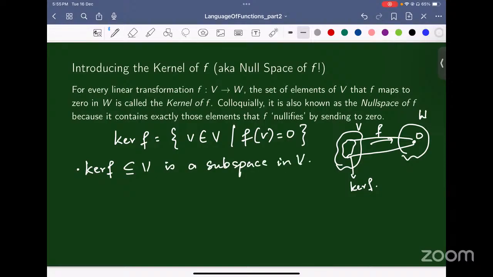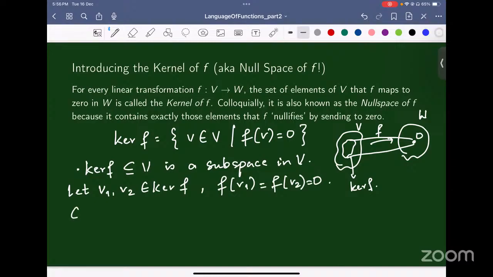This is easy to show. If I have V1, V2 in kernel F, then I know that f of V1 equals f of V2 equals 0. This is by the definition. So consider the linear combination of V1 and V2, alpha V1 plus beta V2. What happens if I apply f to this element?